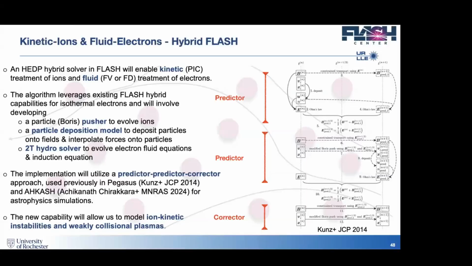The approach we are taking is from the astrophysics code Pegasus, which uses a predictor-corrector algorithm, a Boris pusher for the movement of the particles, and a 2-temperature hydrosolver for the electrons.